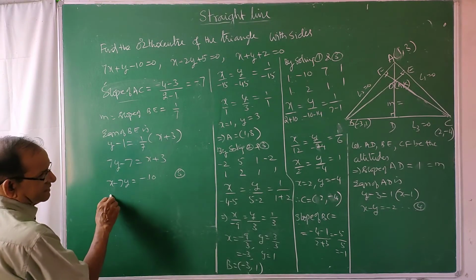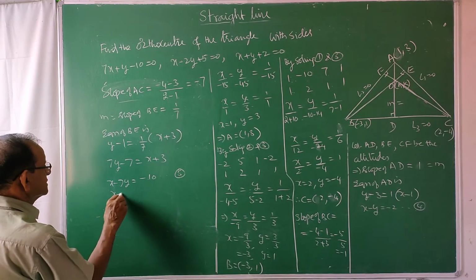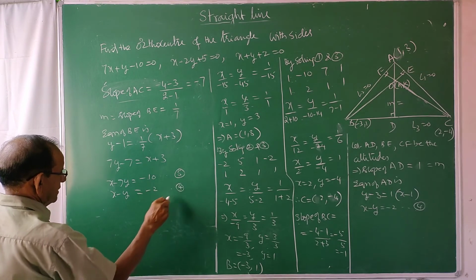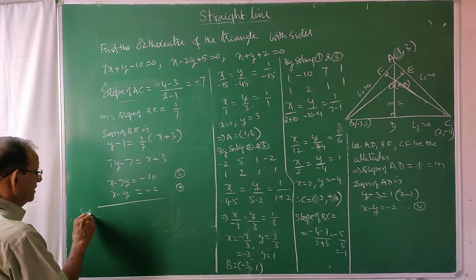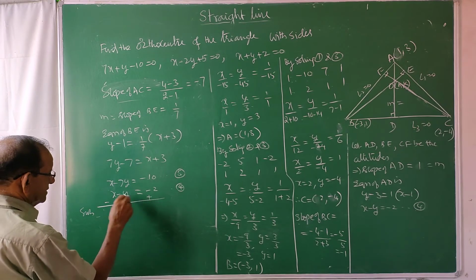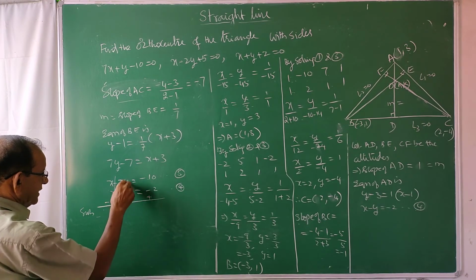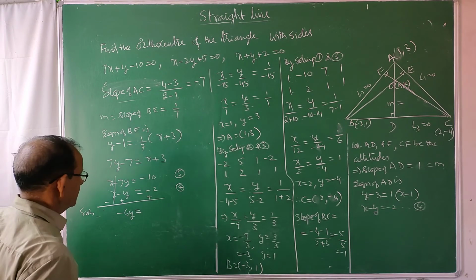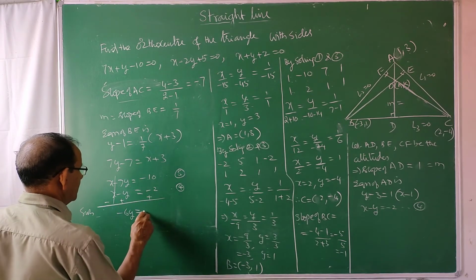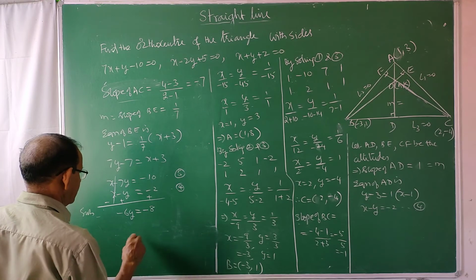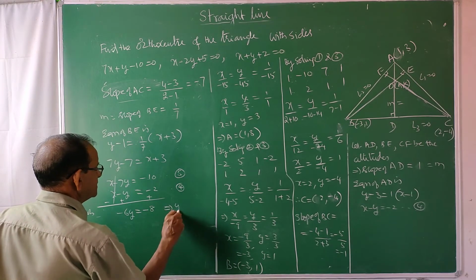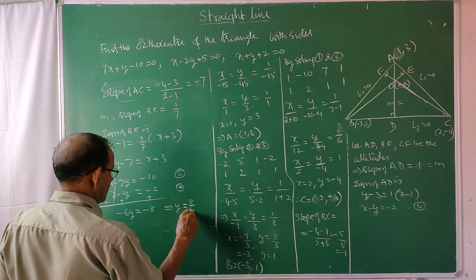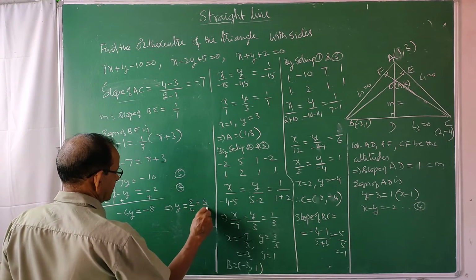So take the fourth equation here, x minus y is equal to minus 2. This is the fourth equation. Subtract: minus plus plus, this is cancelled. Minus 7y plus y, minus 6y, is equal to minus 10 plus 2, minus 8. So that implies y is equal to minus 8 by minus 6, 8 by 6, that is 4 by 3.